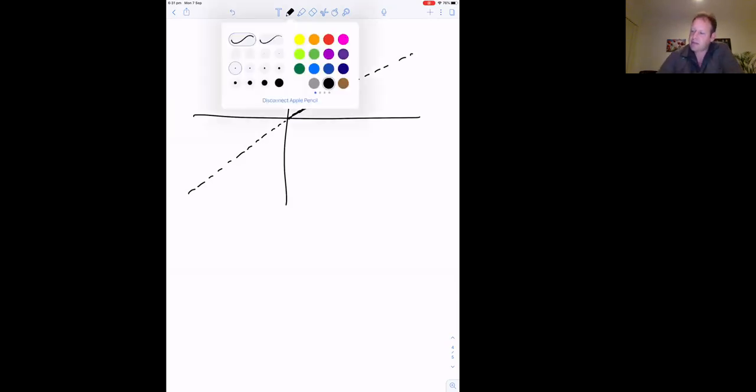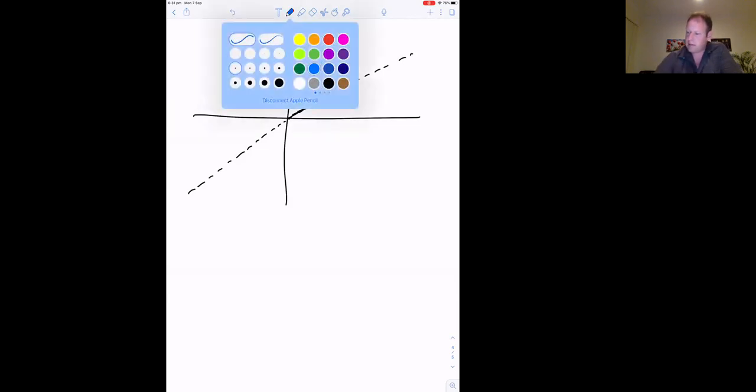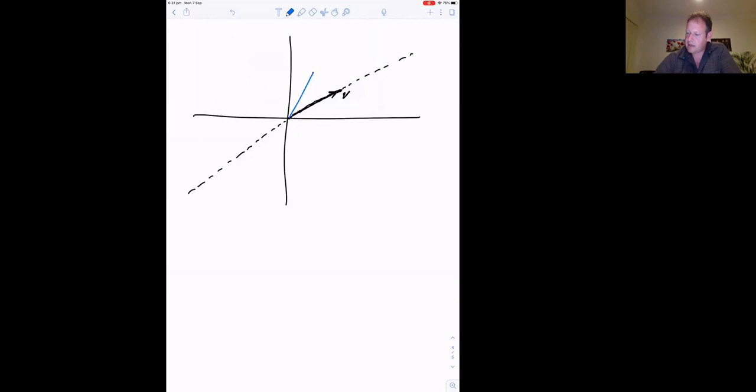Now I'm given another vector. Let's draw it in blue, and that's going to be the vector u. What we want to do is say our life is just on this line associated with the vector v, and we want to find some point on this line spanned by v that is closest to the vector u.